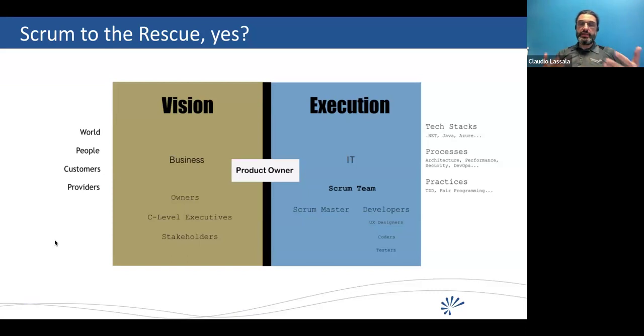Unfortunately, I've heard product owners tell the development team, you don't have to worry about understanding the business or talking to the stakeholders. I'll be the bridge. I'll tell you exactly what you need to know. That's not that great, right?